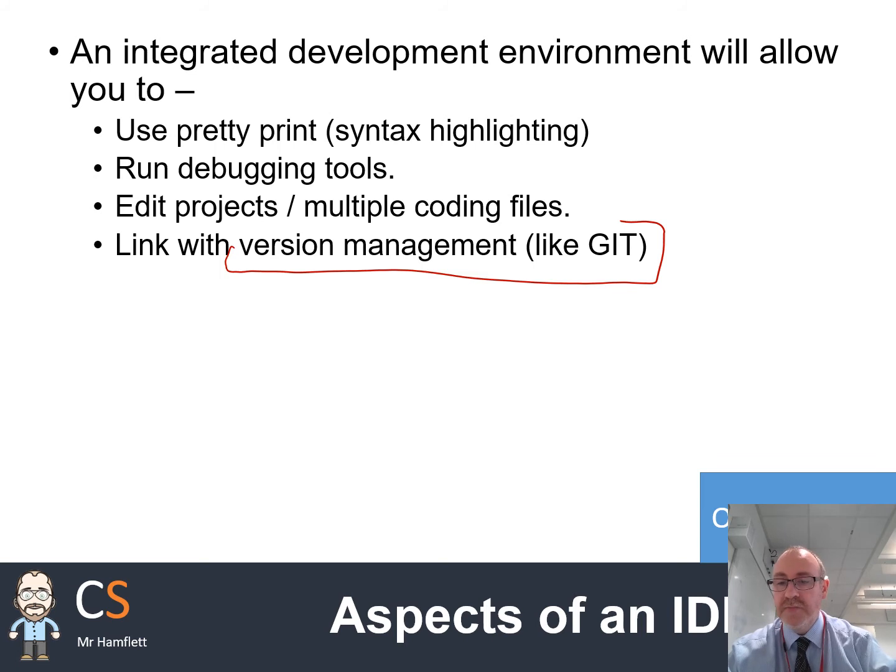You can then check out code. What that basically means is you have exclusive access to that file, and everyone will know you've got exclusive access to that file. You make your personal changes to it, and then you re-upload it and check it in. That stops you from having situations where two people try to edit the same code, and then you have issues with merging the code back together.